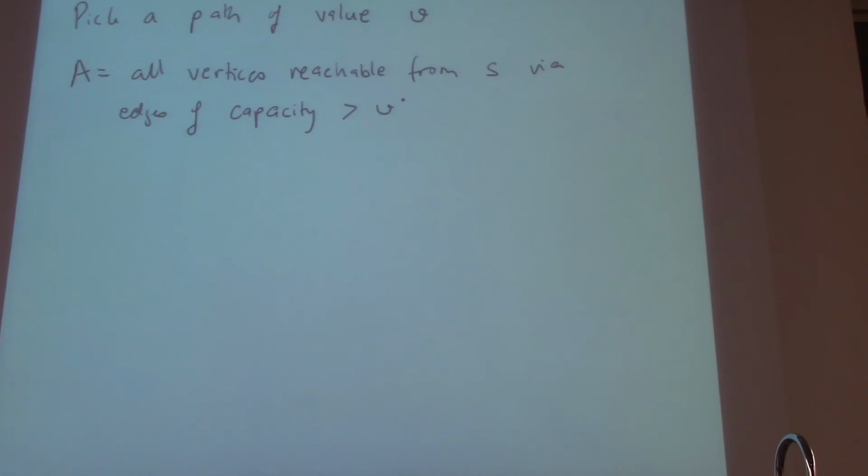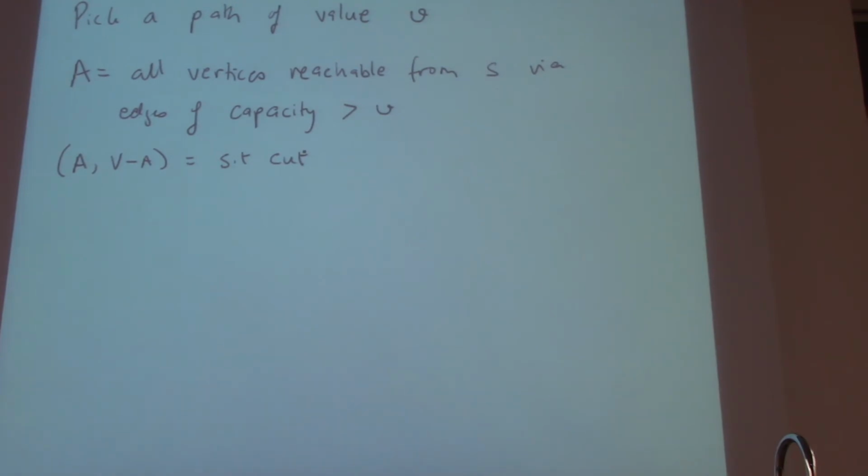I claim that A and its complement are an ST cut. Why is that? Why is this an ST cut in this graph right now?